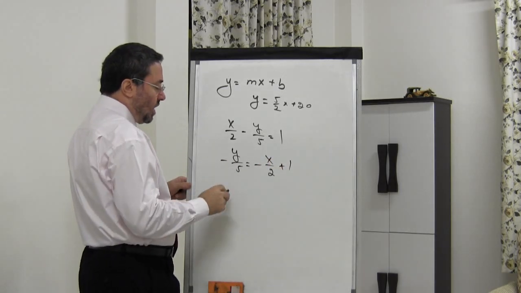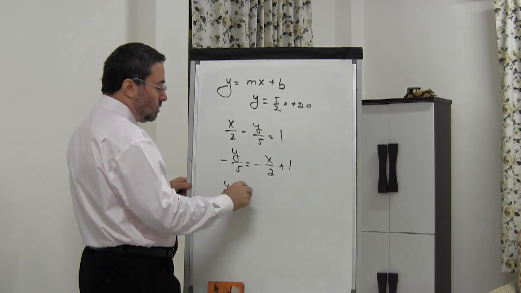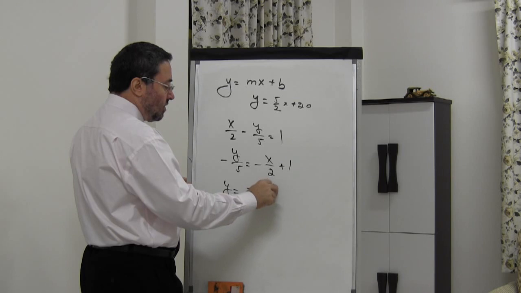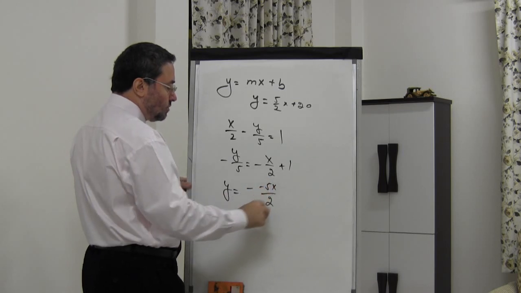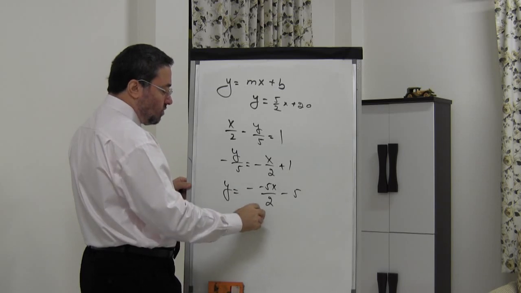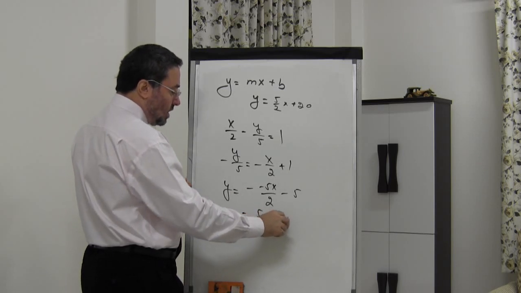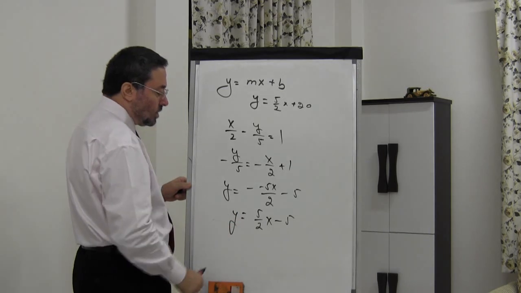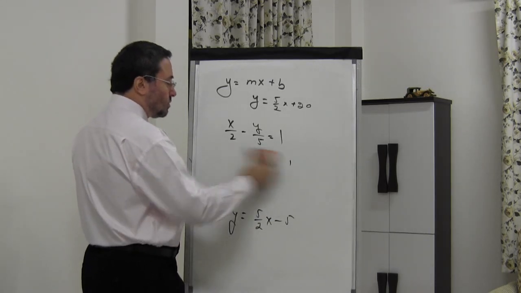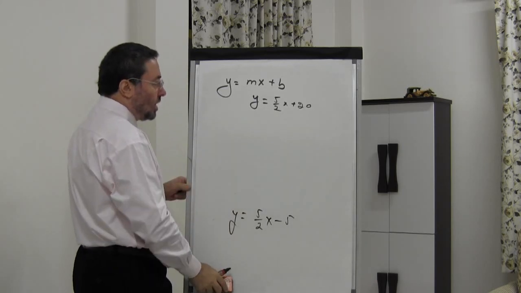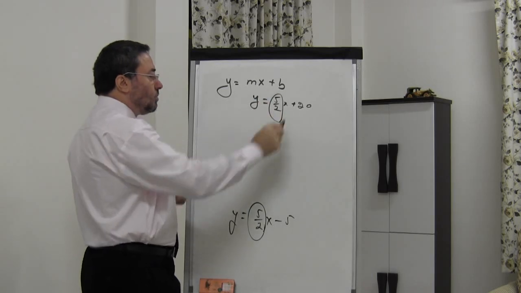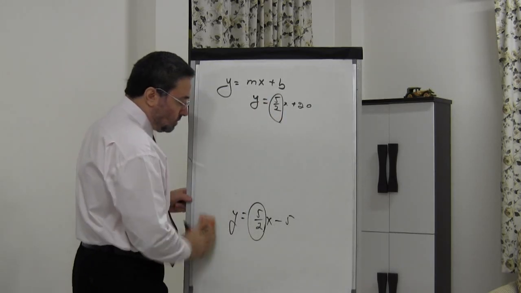Multiplying by minus 5, y equals 5x over 2 minus 5, and that gives us 5 over 2x minus 5. So this is the second equation. Looking at these two equations, we see that they have the same slope. Then these two lines are parallel.